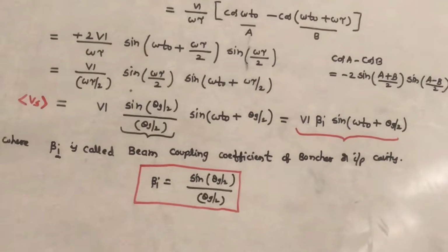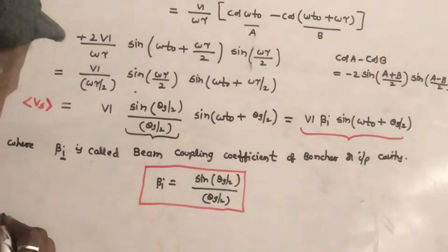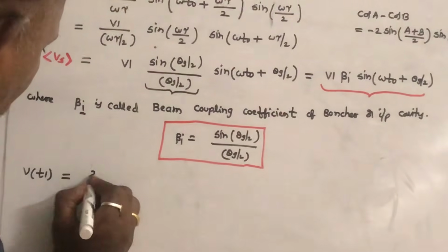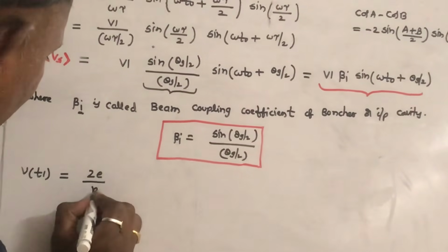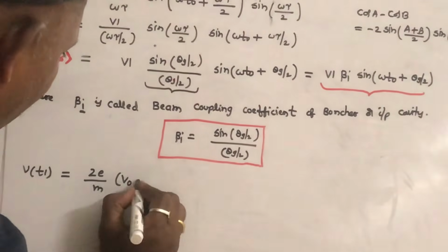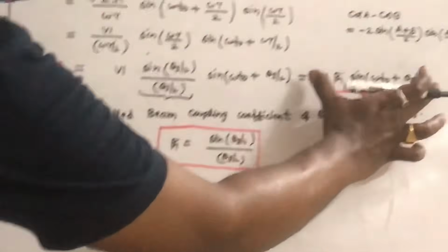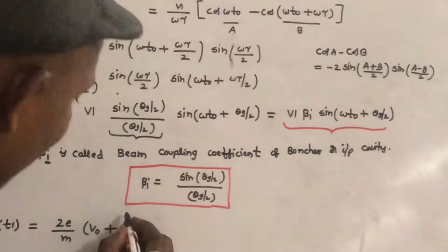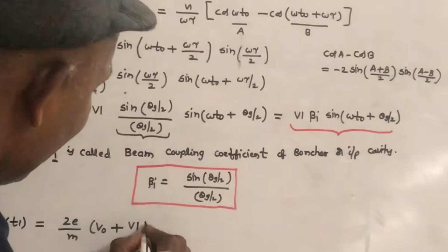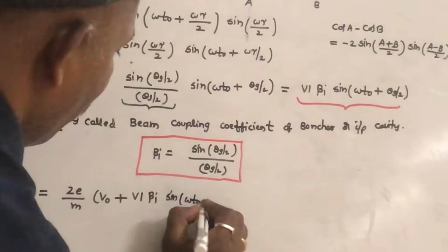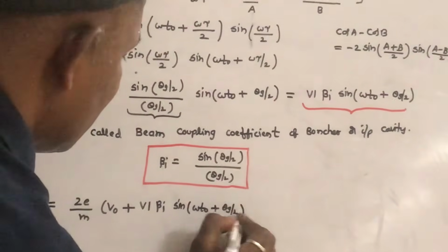Now write the velocity modulation equation. The velocity of electrons at a time t1 is given by root of 2 by m into V0 plus we have to add this gap voltage during this interval, that is V1 beta I sine omega t0 plus theta g by 2.